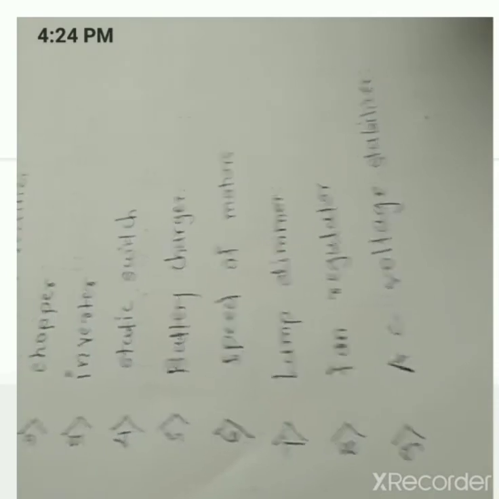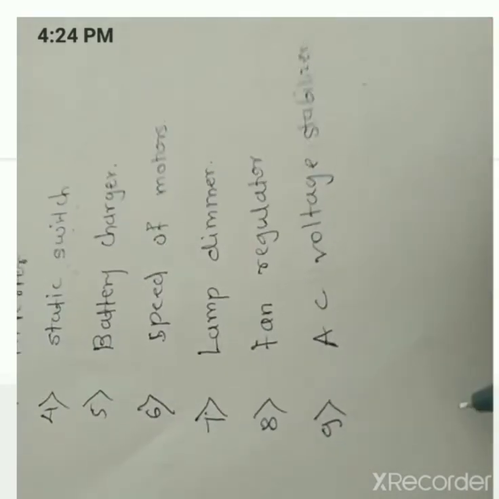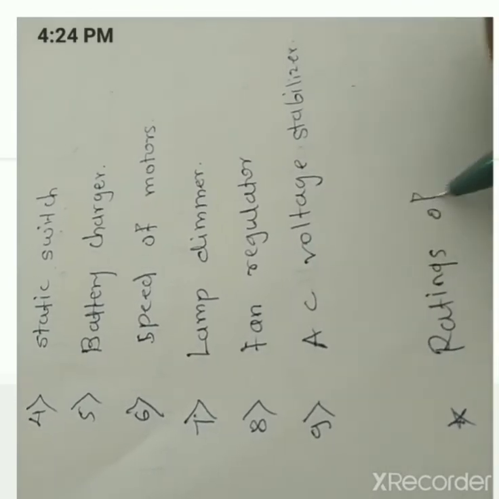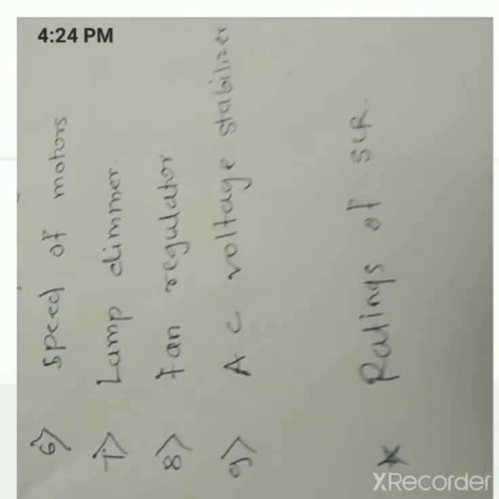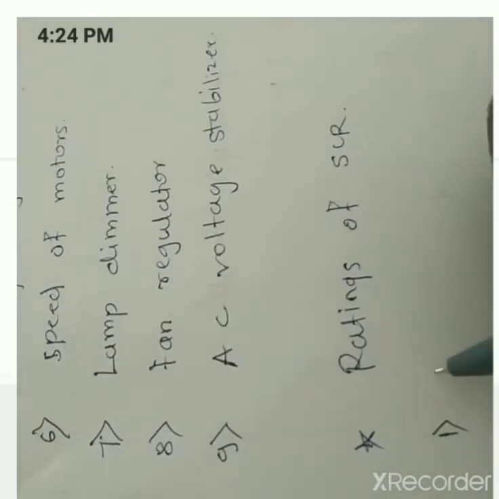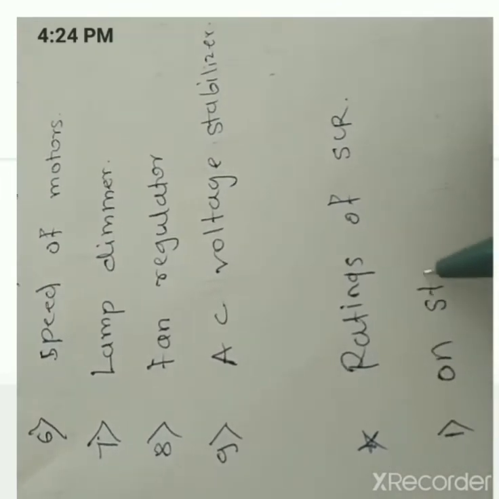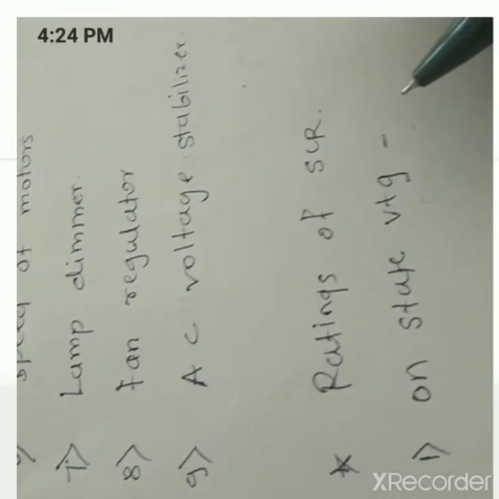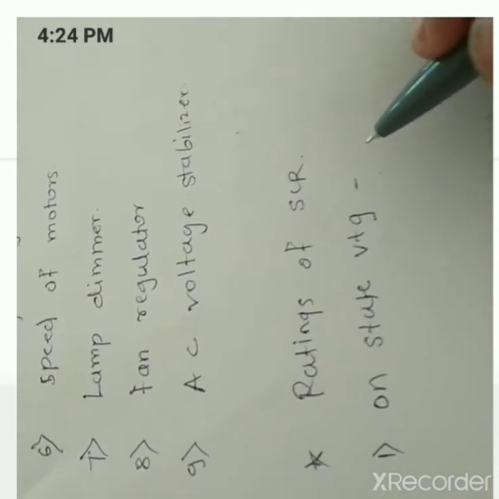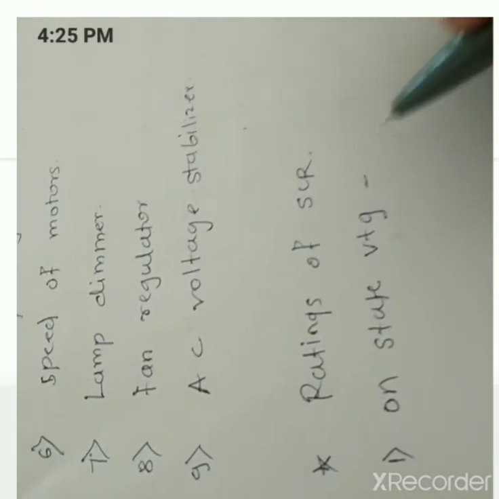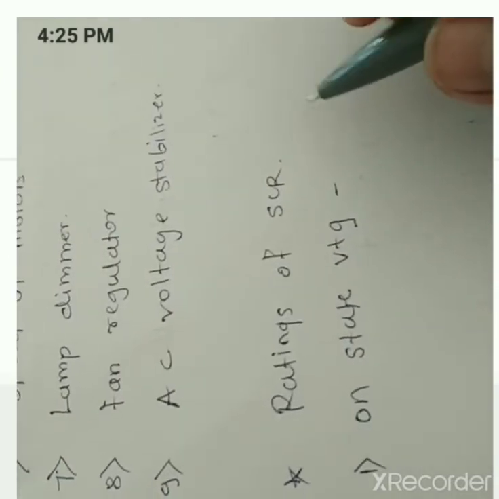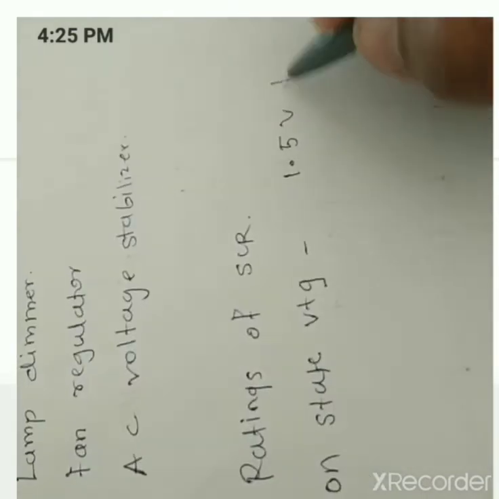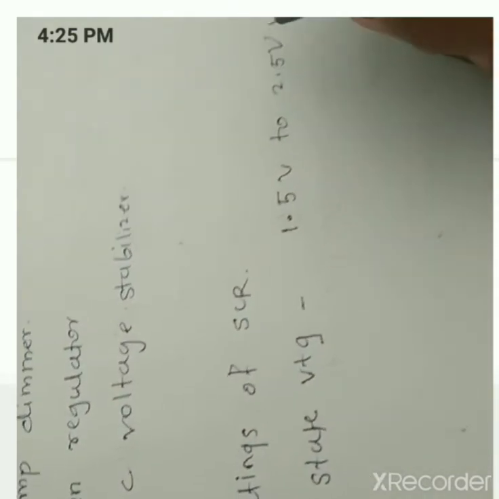Next point is ratings of SCR. See one by one. First is on-state voltage drop. When your SCR is totally on, at that time the SCR voltage is between 1.5 volt and 2.5 volt.